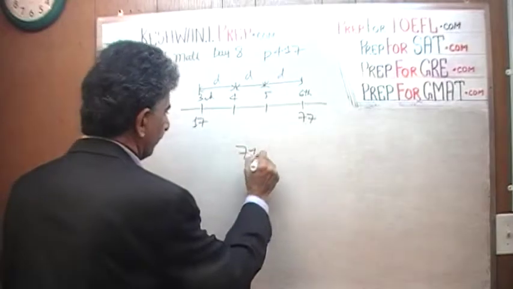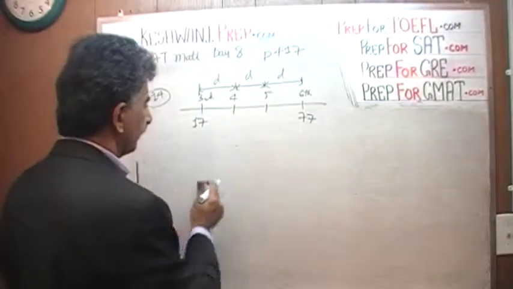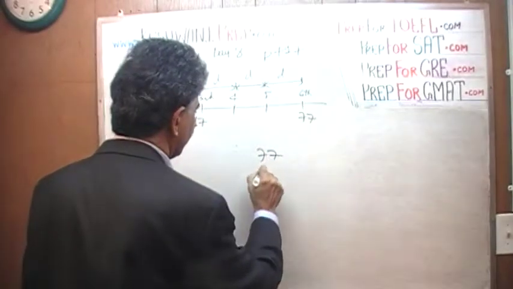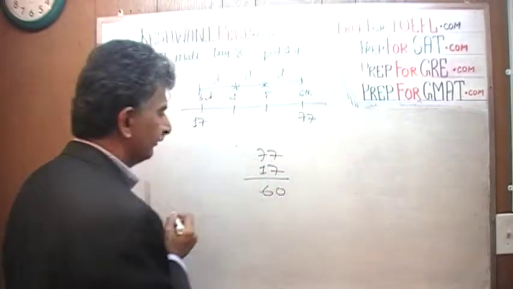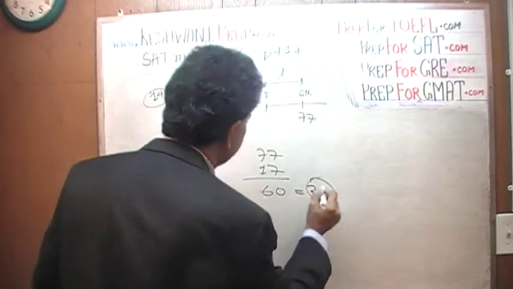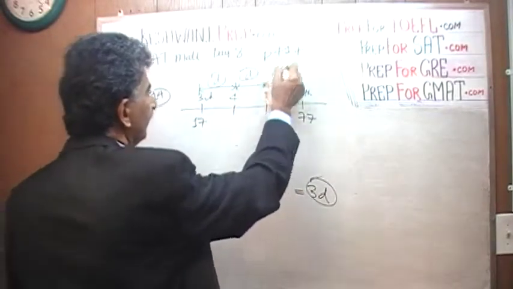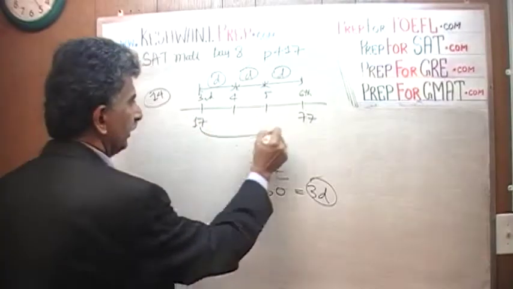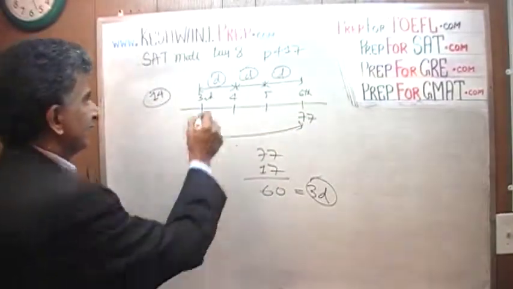77 minus 17 is just 60, and that 60 represents 3 Ds. 1 D, 2 Ds, 3 Ds. Going from here to here is adding this number D 3 times.